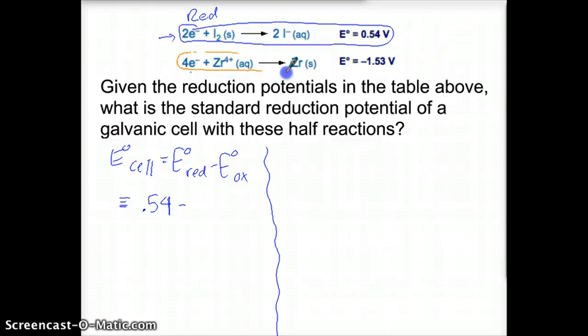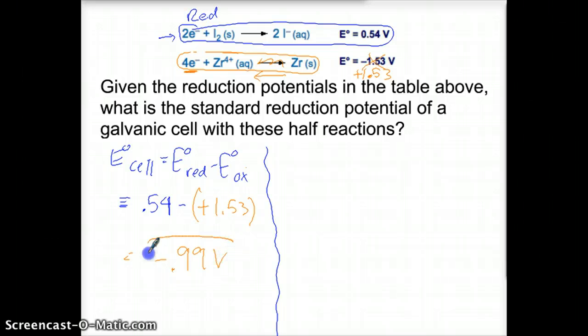Since this is a reduction, because electrons are being gained, if I make it the thing that's getting oxidized, I need to flip the reaction. And if I flip the reaction, that makes this voltage become positive 1.53. So I would have 0.54 minus positive 1.53. And if I go ahead and figure out the overall cell voltage right there, I get negative 0.99 volts.